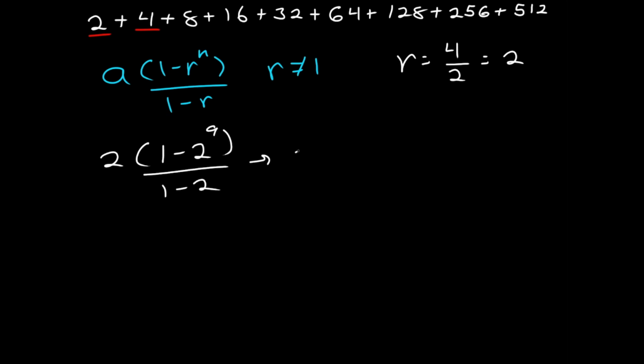So 2 times 1 is 2, and 2 times negative 2 to the 9th is going to give us negative 2 to the 10th. And 1 minus 2 is going to give us negative 1. We can distribute this negative 1, and we will get positive 2 to the 10th minus 2. If we plug this into a calculator, we get 1022. And that's how you can find the sum of a finite series.